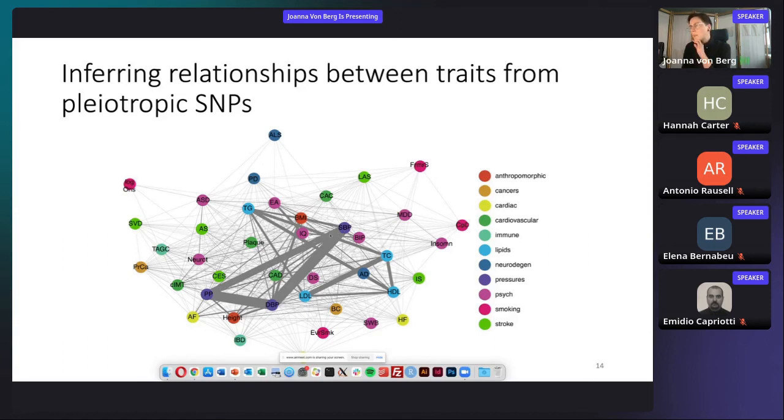And we see that some of the domains are fully connected. So all the nodes in a domain are all connected to each other. For instance, in the lipid domain here in light blue, and here the blood pressure domain. And we also see that there are many SNPs shared between these.